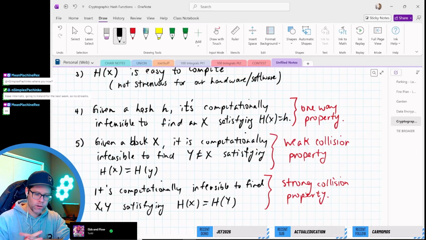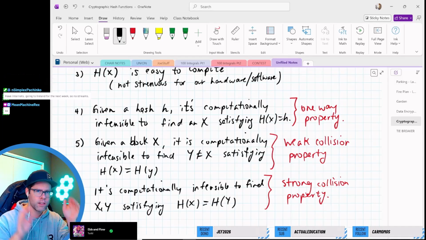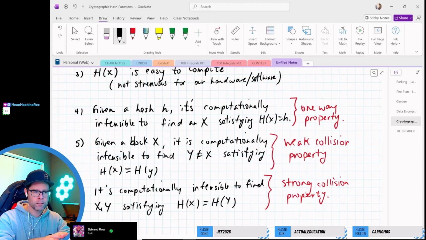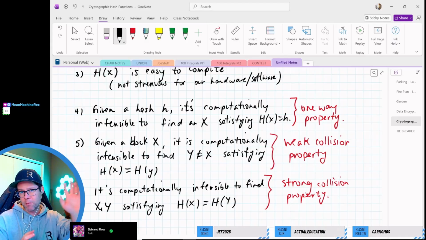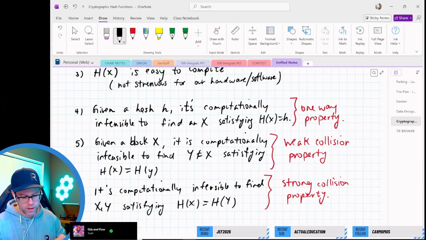So that's what we know as the strong collision property. So there's enough space over on the other side with this one-way function that we don't see any overlaps on the database storage side through the outputs.